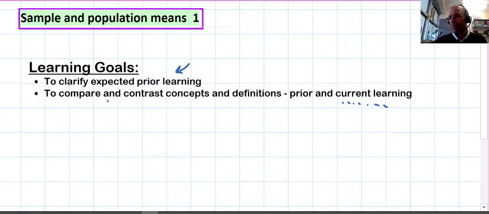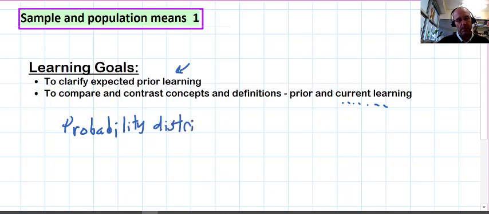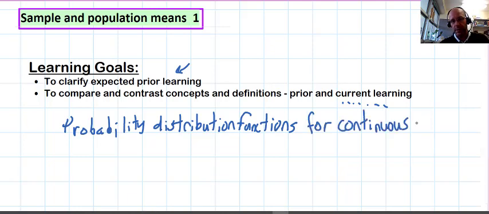If you're watching this video, you should have already studied probability distribution functions for continuous random variables.